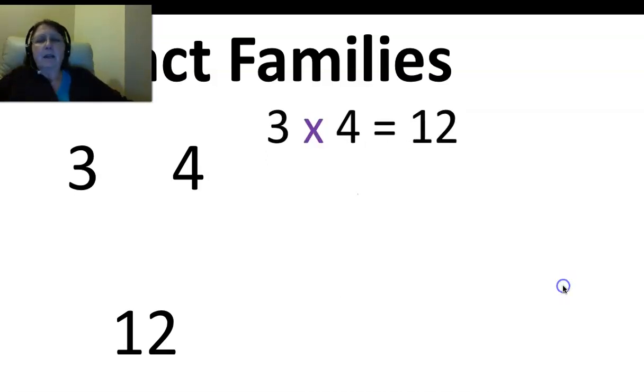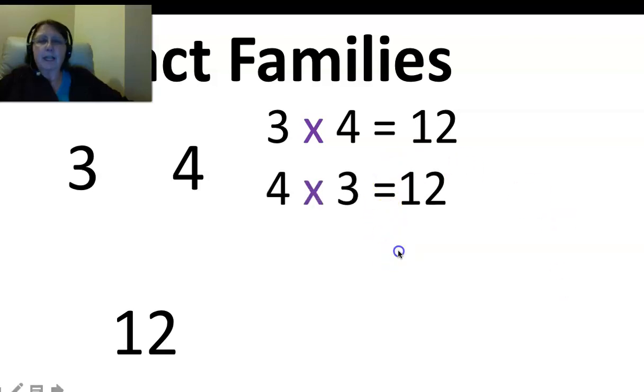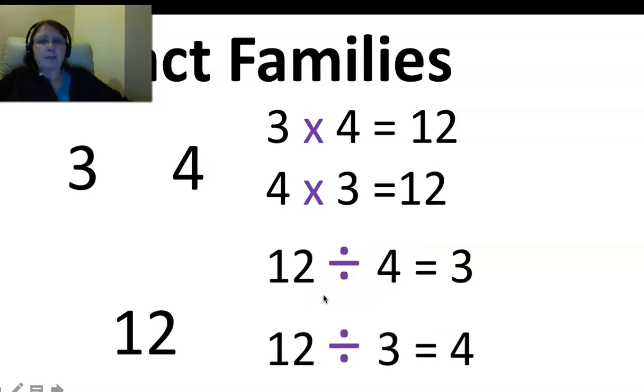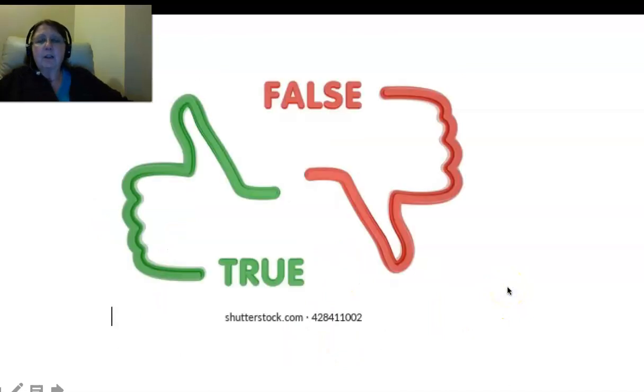Well, there's one number fact, there's another number fact, and their multiplication. The opposite is the division problems. And you can see these problems all have the same numbers, even though they're different problems. Those are called a fact family. And we can use fact families to help us with a lot of maths.